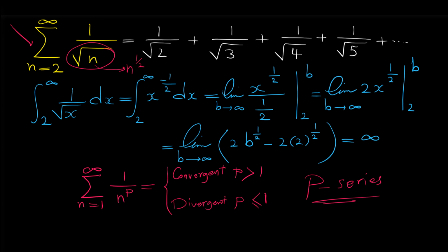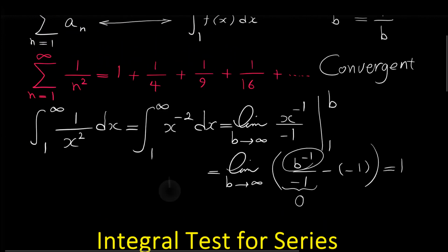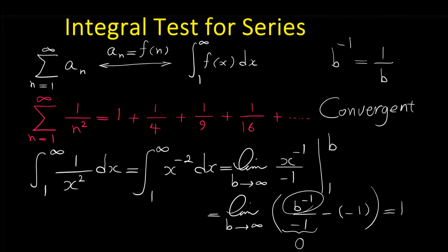So as you can see, with this rule, immediately you can figure out the convergence or divergence of these examples. Or if you look at the first example that we did here, the power of n is 2. And based on the p series, when the power is greater than 1, the series is convergent.